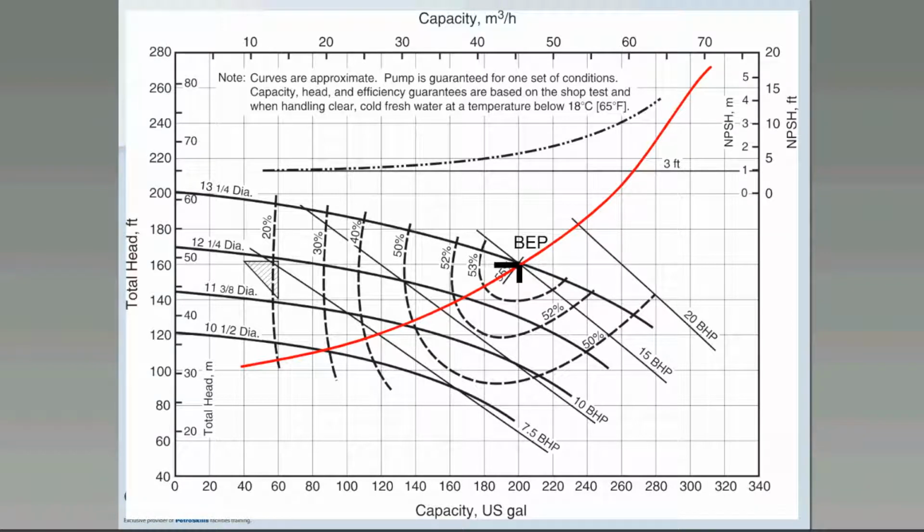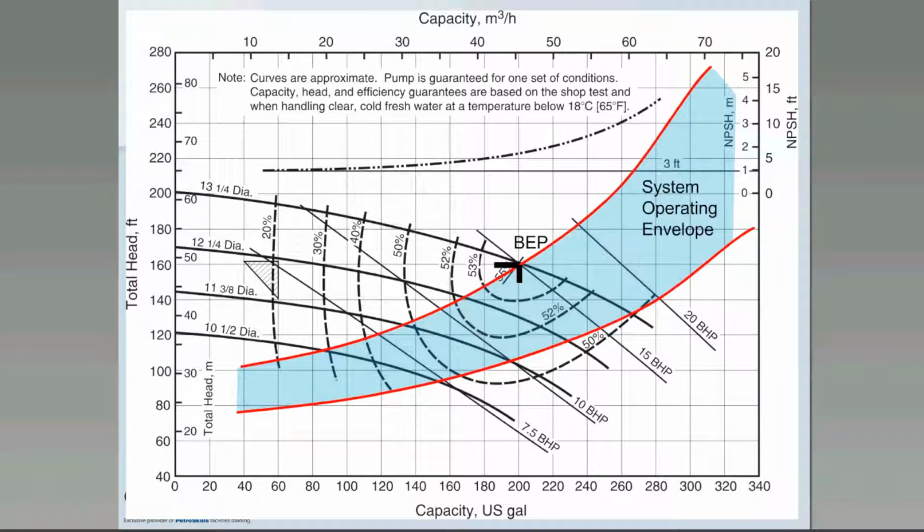Where the system curve and our pump curve meet is our operating point. And so we can see if we change our impeller sizes, that will have different operating points, different flow rates based on the different impeller sizes. We get a similar effect if we reduce the speed of the pump. Here we're just changing the size of the impeller.